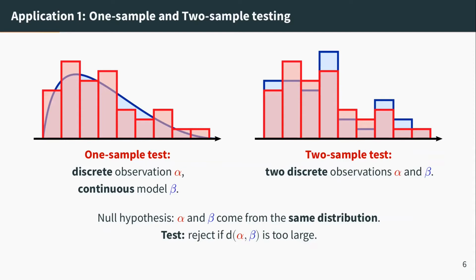The idea here is that, in one sample testing, I assume that I'm given a discrete observation alpha, so a histogram or a point cloud, and a continuous model beta. In two sample testing, I assume that I'm just given two discrete samples, alpha and beta. And the question that I want to answer is, do these two samples come from the same distribution, or does the discrete sample alpha come from the distribution beta?